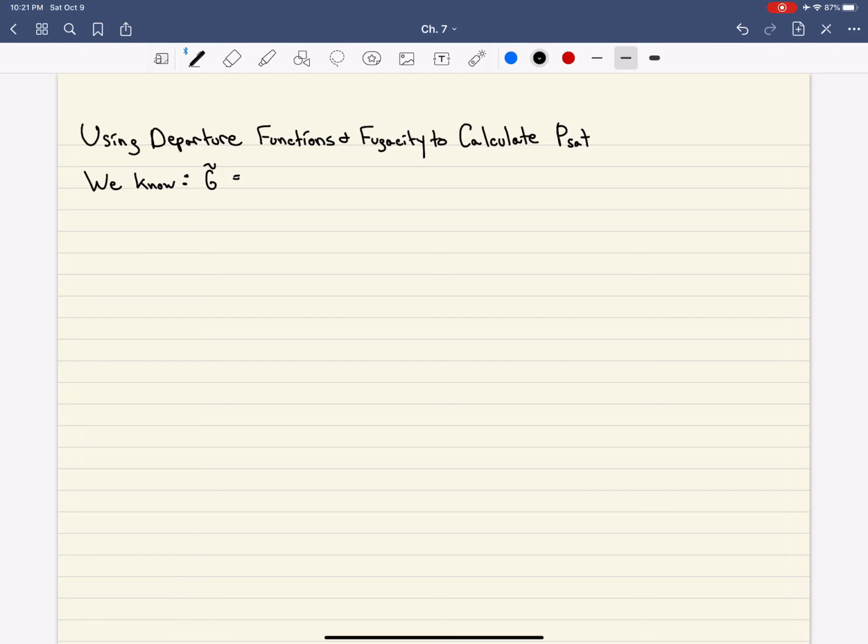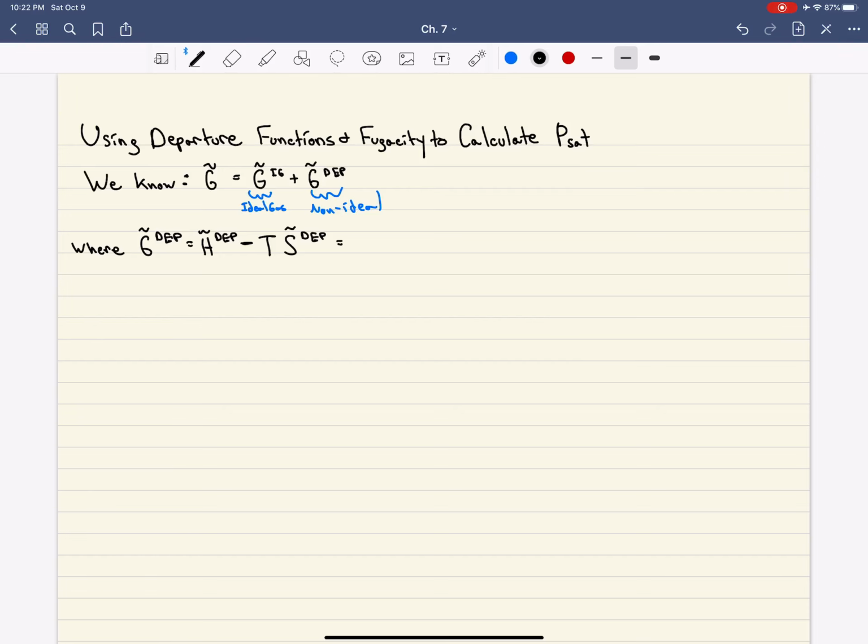We could describe it as the sum of two contributions, an ideal gas contribution and then a contribution that accounts for things that are non-ideal. In Chapter 6, we could derive an equation for the departure function of the molar Gibbs energy, which is taking the departure function of enthalpy and subtracting off T S departure.